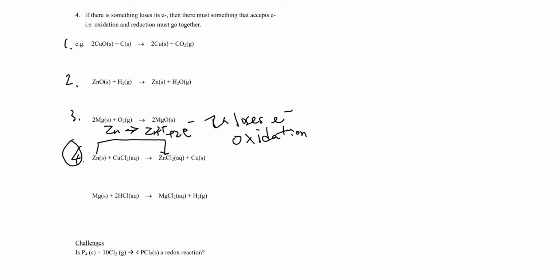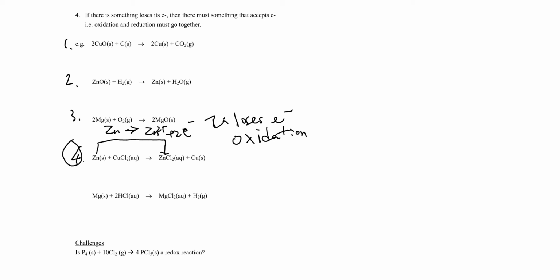So you may wonder when we should use the definition in terms of oxygen and when we should use the definition in terms of electrons. The answer is you can choose whatever definition is convenient for you to judge whether that reaction is redox, because they are complementary to each other.